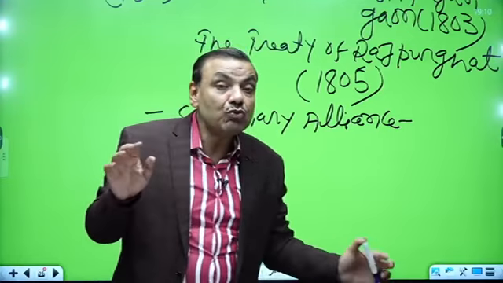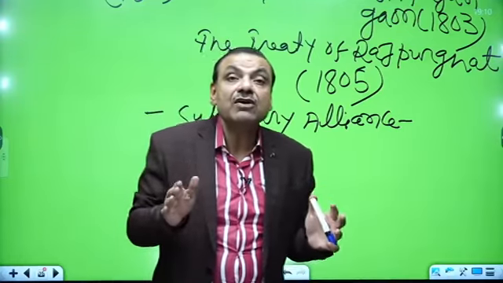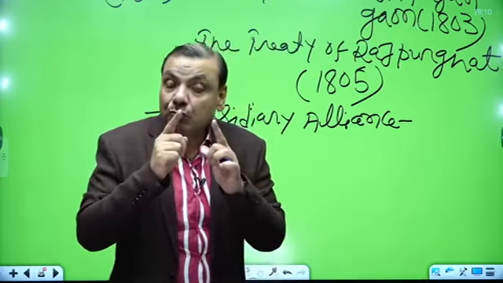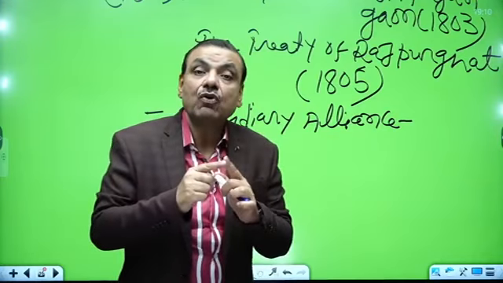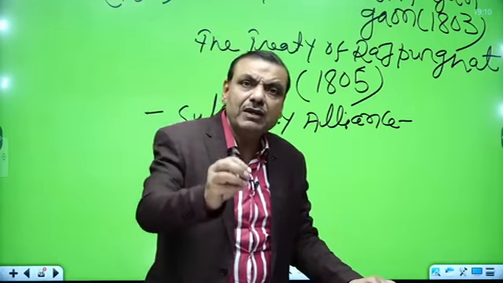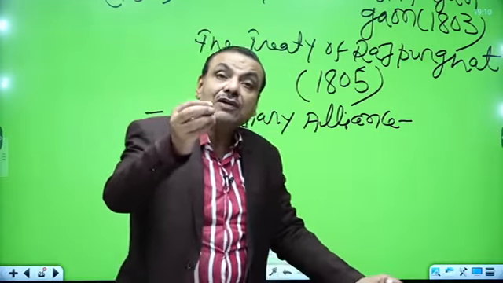But if someone asks you who started the subsidiary alliance system formally, my students, you will choose Lord Wellesley, none else. Although some elements were visible even at the time of Lord Cornwallis.